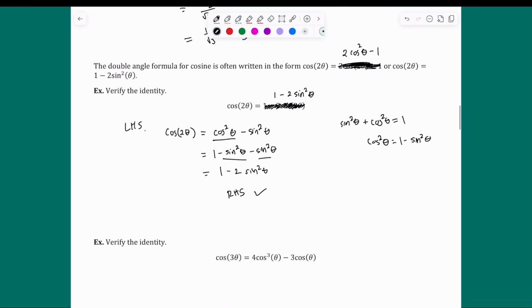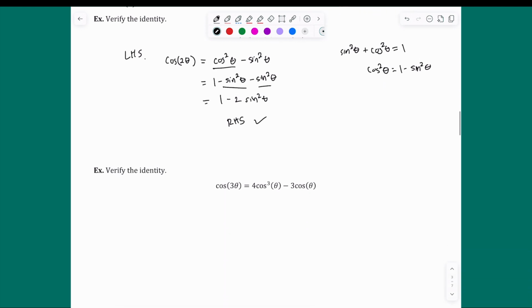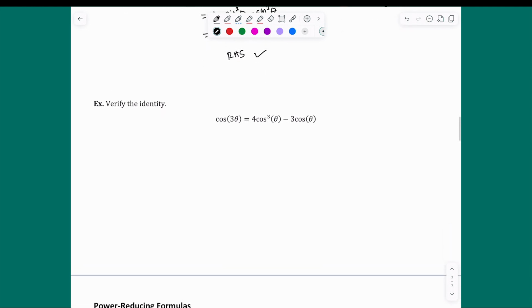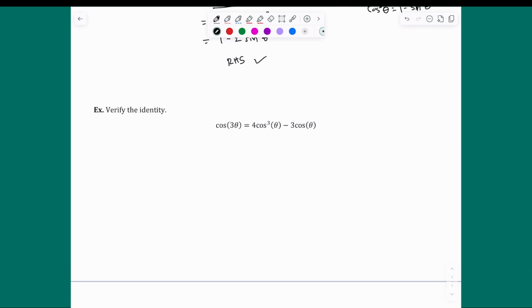Alright, here's another identity. We're asked to verify the identity that cosine of 3 theta equals 4 cosine cubed theta minus 3 cosine of theta. Alright, so we'll start with the left-hand side, even though it's simpler. And that's just because we have some formulas that involve a double angle and a sum of angles.